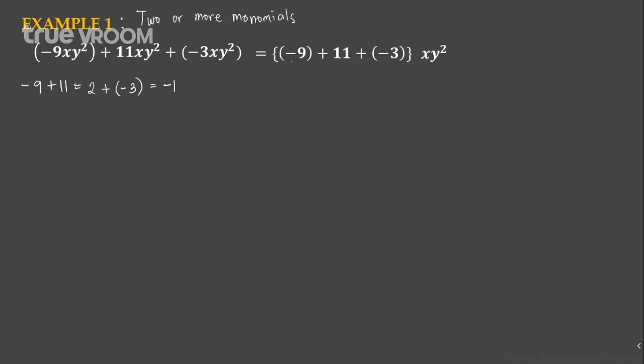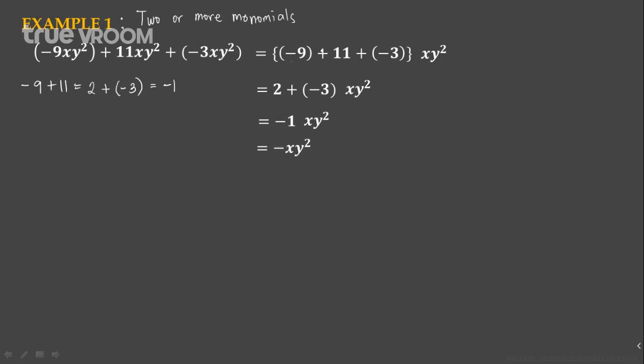So what will be your answer here? This will be negative 1 and then copy xy squared. We do not put 1 or negative 1 in front of the variables, we are just going to write negative xy squared. Do you understand? Again, students, remember, if there are more than 2 monomials, all you need to do is to combine all the coefficients and copy the variable and its exponent.